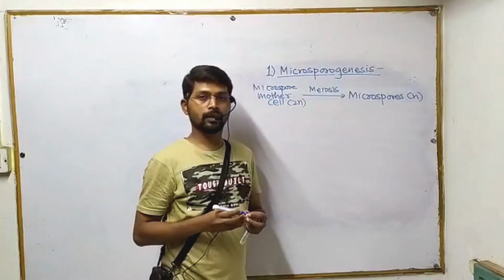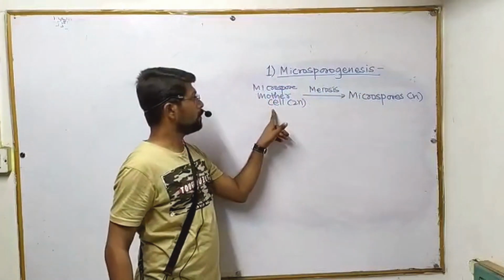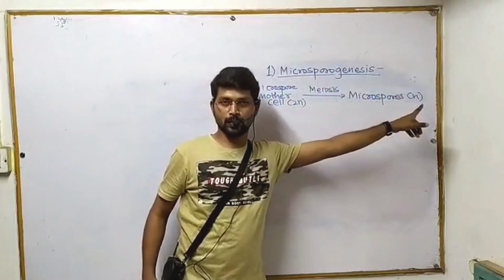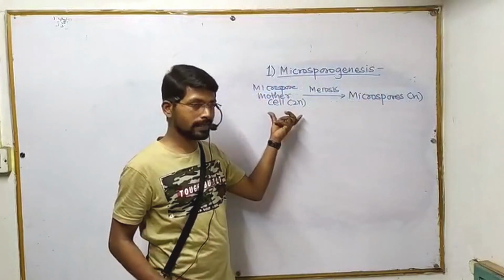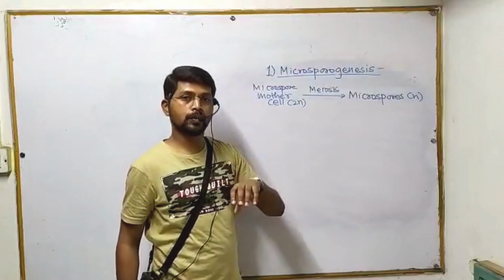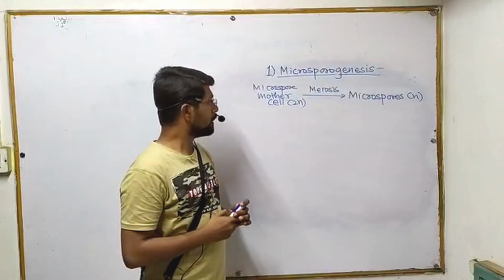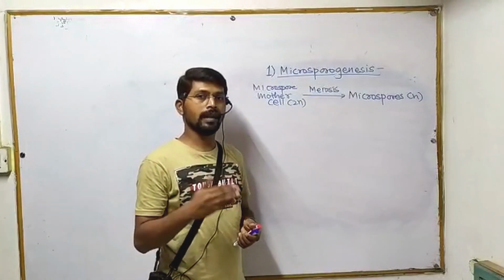So the definition of microsporogenesis is formation of haploid microspores from diploid microspore mother cell by meiosis. Microspore mother cells are present inside the microsporangium, the inner pollen sac, present in the anther. Now see, meiosis has two successive steps, meiosis 1 and meiosis 2.